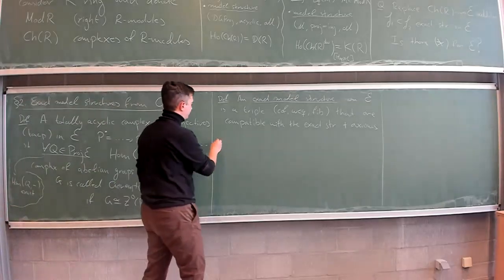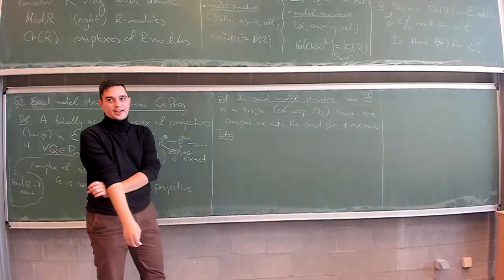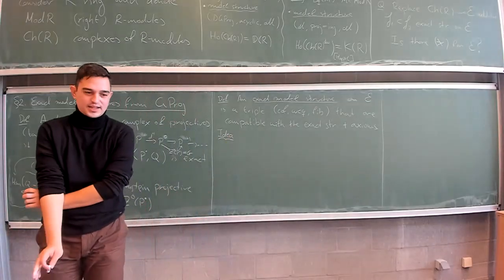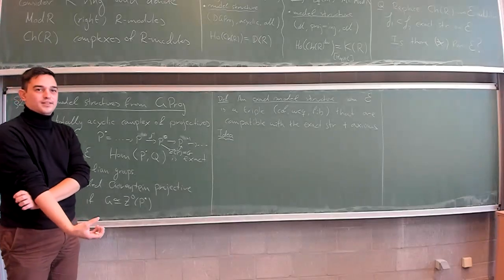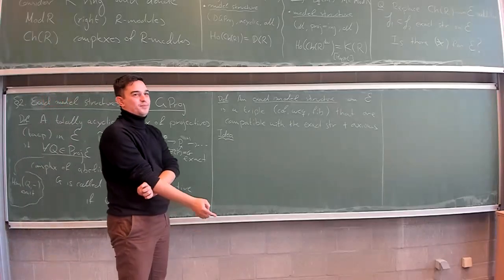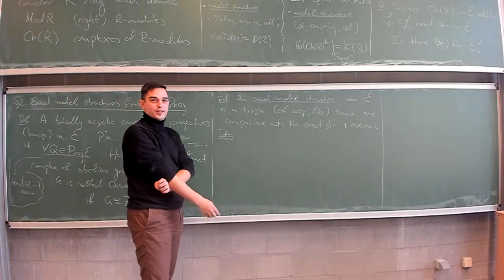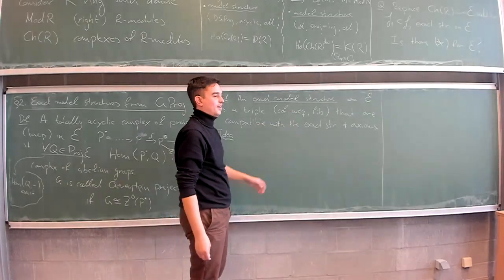And why is it useful? Because the idea is that every time that you are working in a category, abelian, exact, it doesn't matter, and you have a class of morphisms that you really want to make isomorphisms, but they're not, there is, in principle, a model structure in the background that has these morphisms as weak equivalences. Okay?